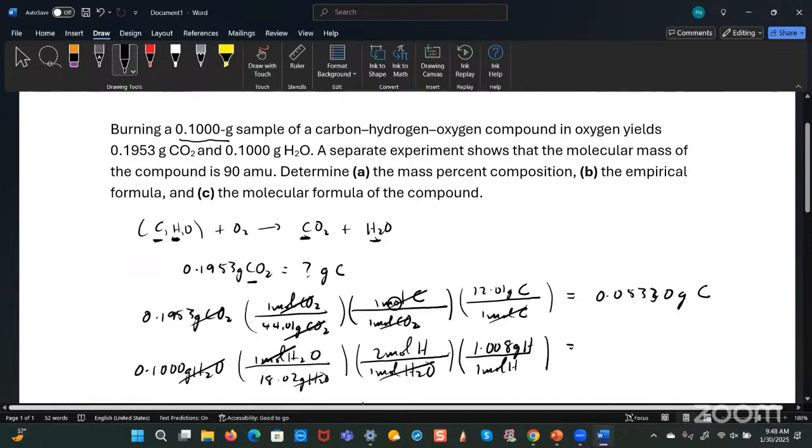And here is what I got: 0.01119 grams of hydrogen. Again, please check to make sure I'm on the right track, because I can be wrong sometimes.